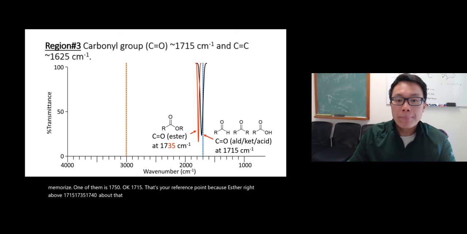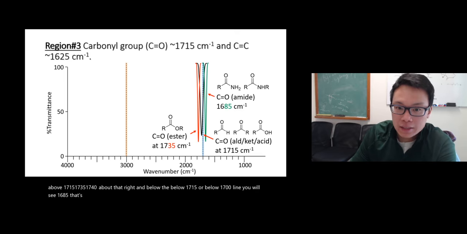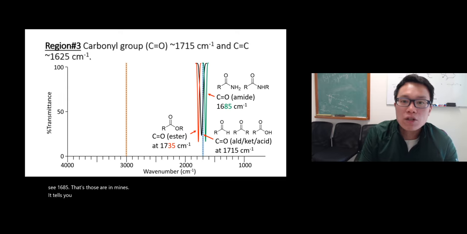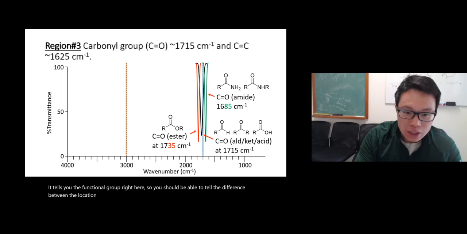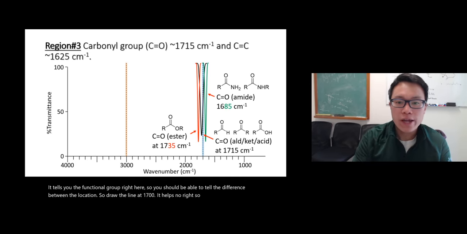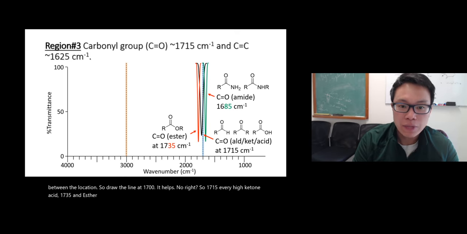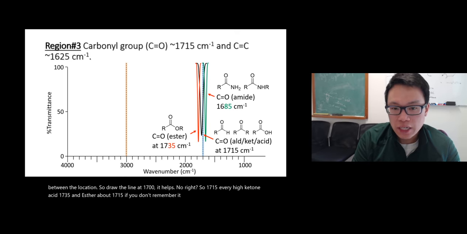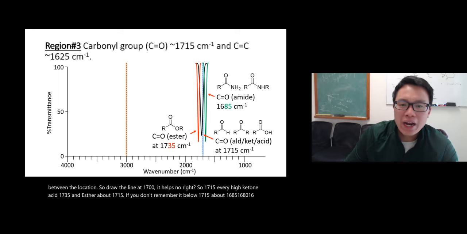And below the 1700 line, you will see 1685. Those are amides. It tells you the functional group right here, so you should be able to tell the difference between the locations. So draw the line at 1700. It helps. All right, so 1715 aldehyde, ketone, acid, 1735 an ester, above 1715, if you don't remember it. Below 1715, about 1685, 1680, 1690, it's around there.